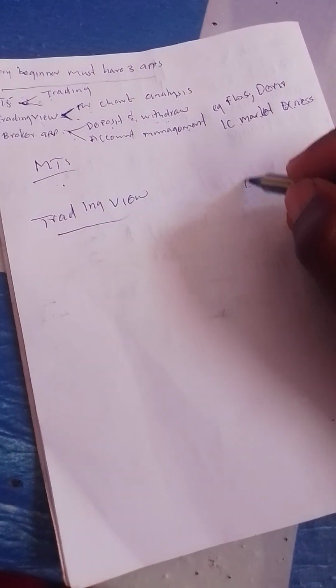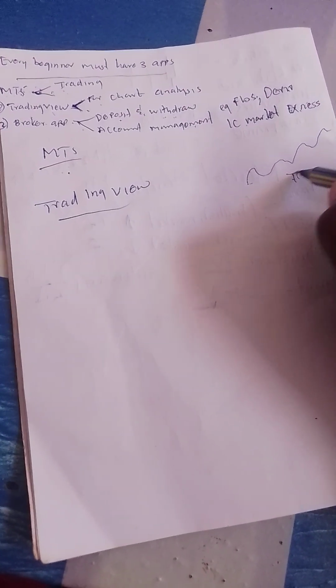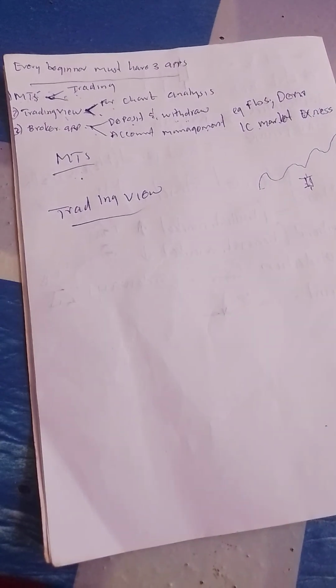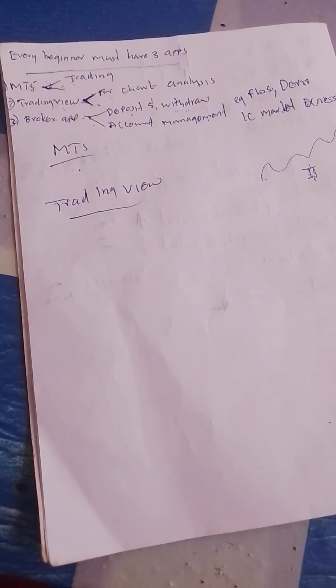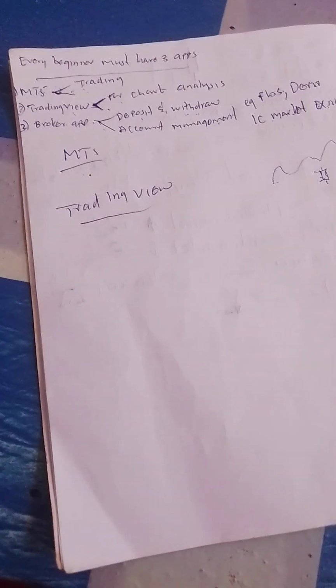Sana inakuwaga unaweza pata maybe ni zile lines, but you can change that to candlestick for better analysis, because with the candlesticks unaweza analyze market vizuri, because inaonyesha rangi ya kama inapanda inakuonyesha green, kama inashuka inakuonyesha red, so you are able to tell what the next move will be. Okay, then you can also add an indicator if you want, and then you can change the time frame. Either change it to 1 minute, 5 minutes, 1 hour, 1 day, whatever. Okay, 1 month.